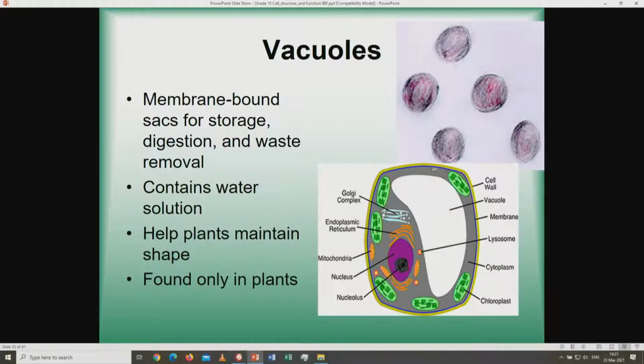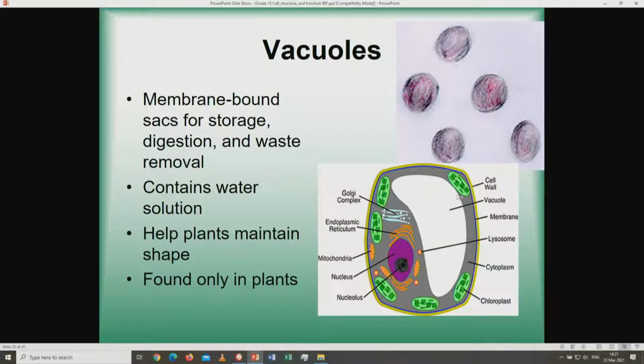Then the cell membrane is the little blue line on the side, which helps with osmosis, letting things in and out. It's also flexible, which I didn't mention before, which allows it to grow and become bigger. Then the lysosomes, which we just spoke of, are in there, very small.